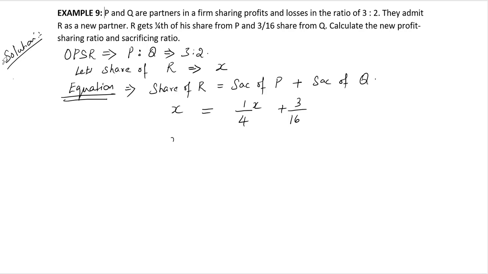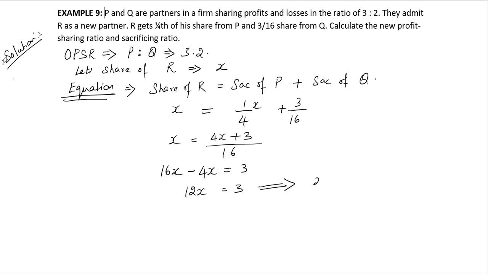On equating this, (16x minus 4x) is 3. So 12x is 3, or x is equal to 3 divided by 12, or 1/4.